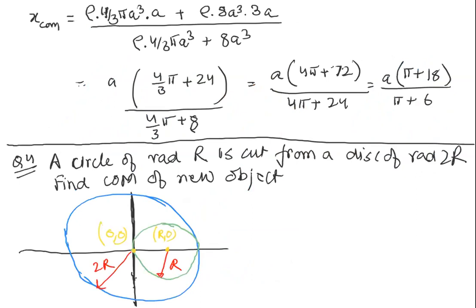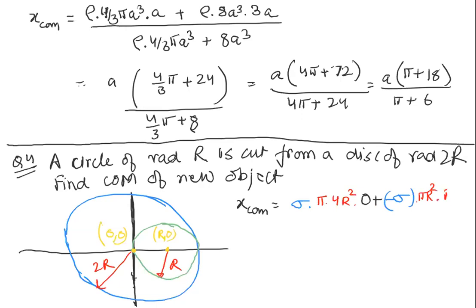Okay. Now please notice x coordinate of center of mass is equal to density into the area, which is pi into 4r square, into the x coordinate, plus minus rho, this is the density, into area pi r square into the x coordinate r.